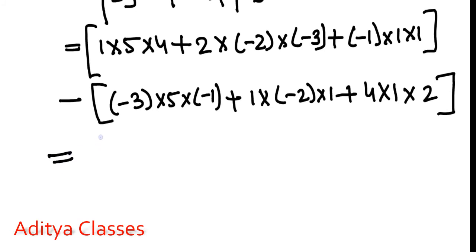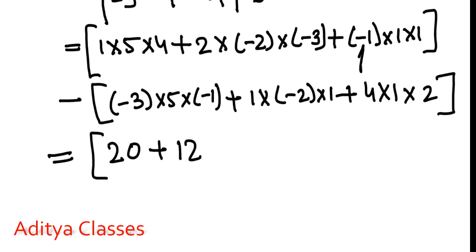1 multiplied by 5 multiplied by 4. 1 5s are 5, 5 4s are 20. 2 2s are 4, 4 3s are 12. So I get a 12, but because there are two negative signs, I get a plus. Then there is 1 multiplied by 1 multiplied by 1 with one negative sign.